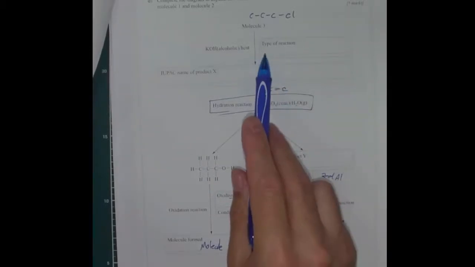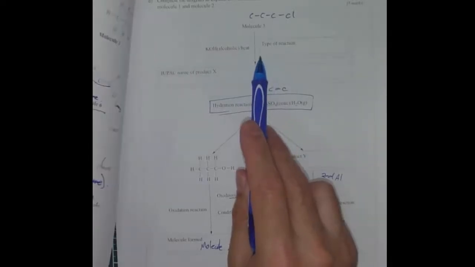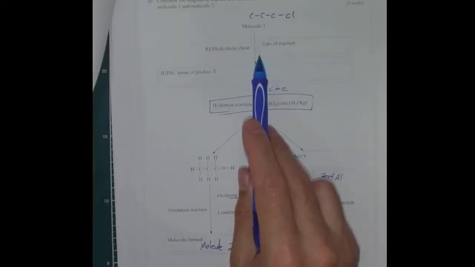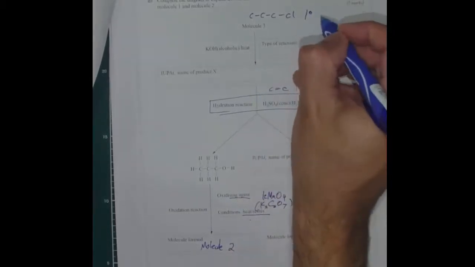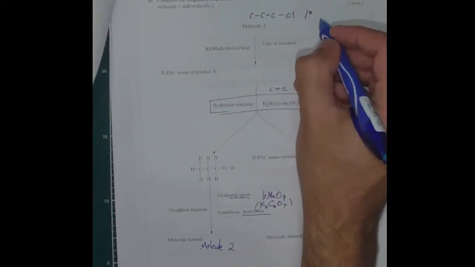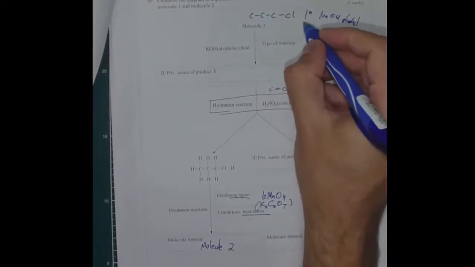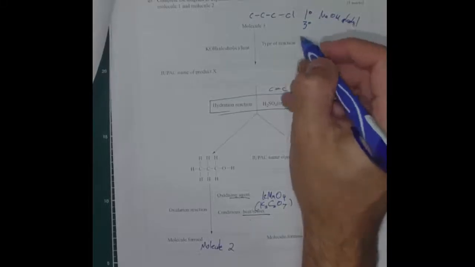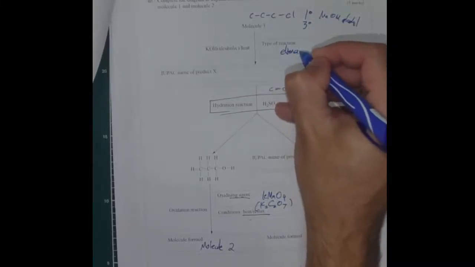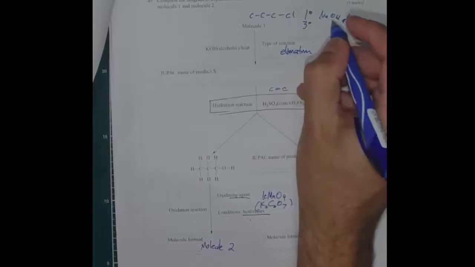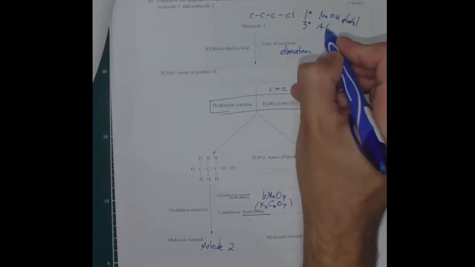And so what they're trying to do there looks like they're trying to give you an alkene, but this is a primary. So primaries go to, with NaOH, go to alcohols, which is not what it's going to be, and then tertiaries get eliminated. This is what they're doing, elimination to alkenes.